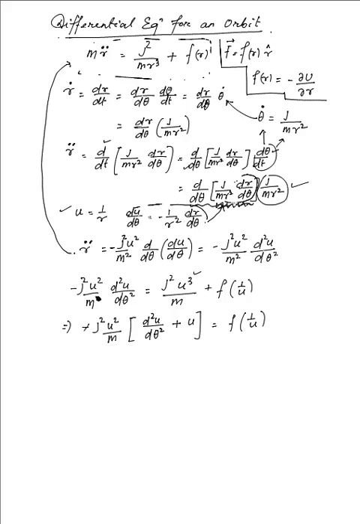I can just take the minus sign from here and put it over to the right hand side. This looks pretty okay to me. This is what the differential equation for an orbit looks like.